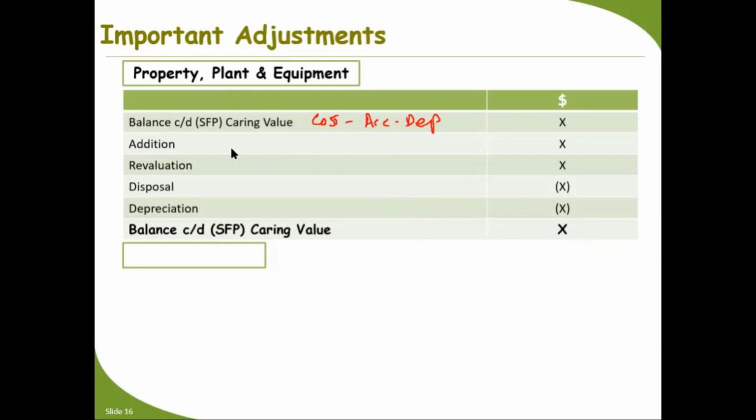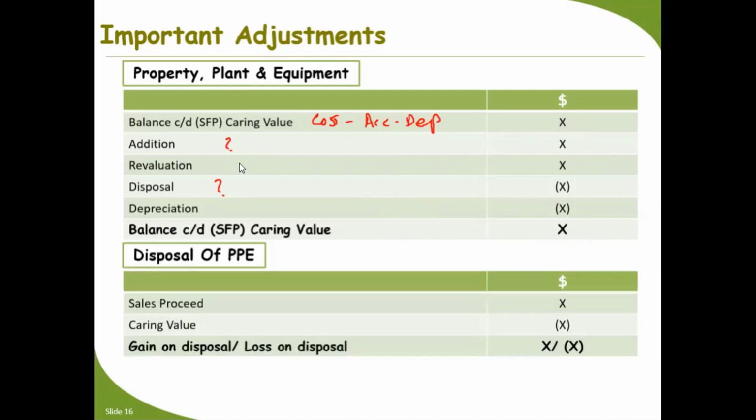Now in most cases the examiner will ask you to calculate addition. In that case we will put all the other figures in the proforma, and this would be your balancing figure. Or if disposal sale proceeds are required, then it would be your disposal figure.